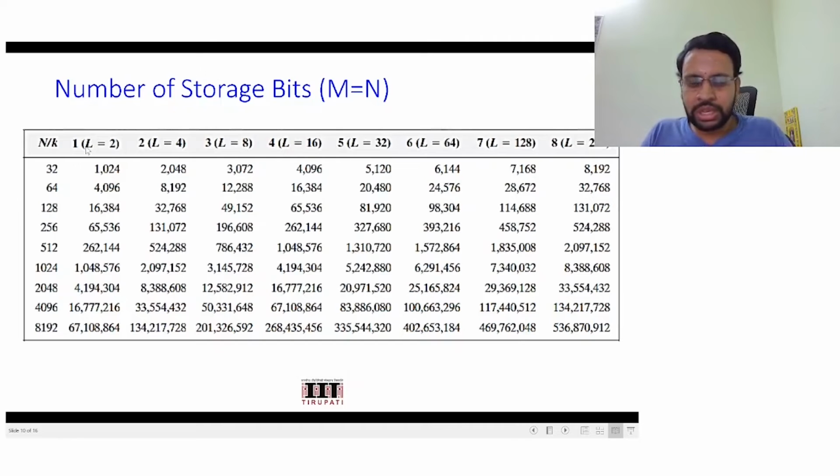Now if you are using a single bit, as we discussed just now, it could store two distinct values, so that L, the number of distinct values, is 2, and so the number of bits required for storing these values is 32 by 32. That's, in other words, 2 power 5 multiplied by 2 power 5, that is 2 power 10. 2 power 10 is 1024. So 1024 bits are required if you are using a single bit to store an image of size 32 by 32. In other words, that's what we refer to as 1 kilobit, right?